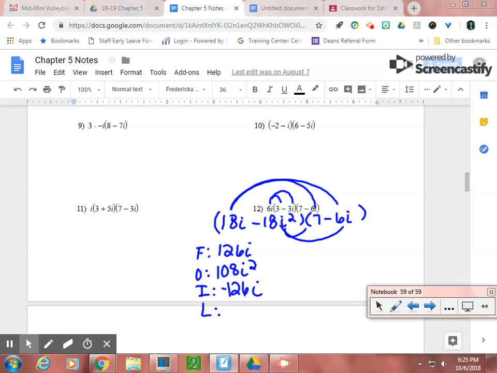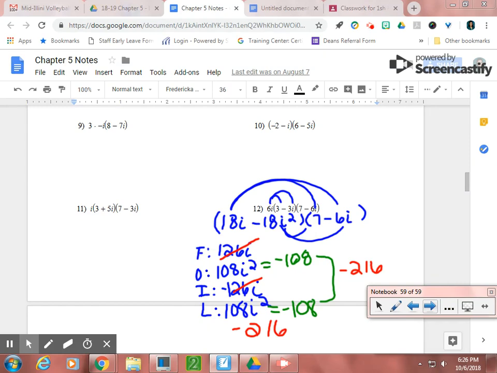And your last is going to give you 108i squared. What I know is that this is really going to be negative 108, and this is really going to be negative 108. So these combine together to give you negative 216. And then you have a positive and a negative, which adds up to 0, so you get negative 216 as your final answer for that.